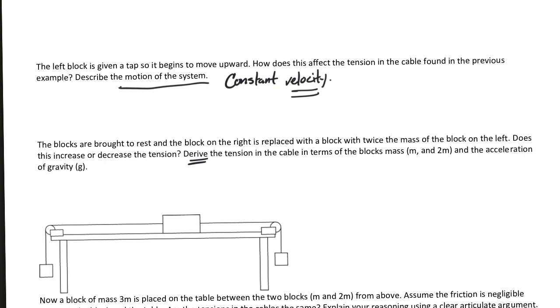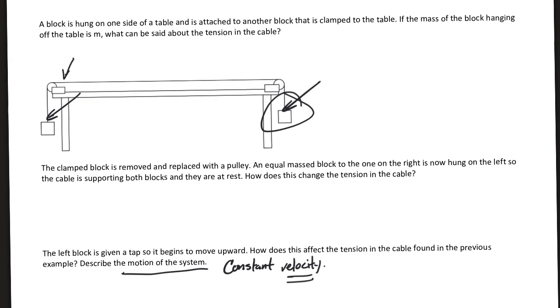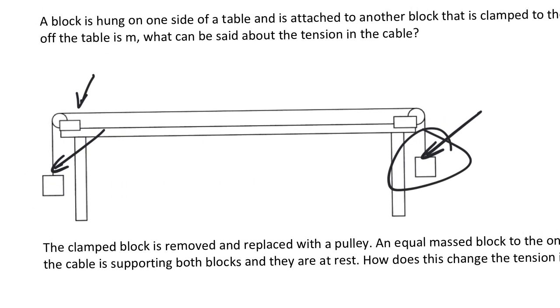And I'm specifically being told that the block on the right is replaced with the heavier one. So when I go back to my picture over here, let's consider what this means for a derivation. This block is 2M, and this block is M. Now, the fact that there's all this table in between, ignore it.